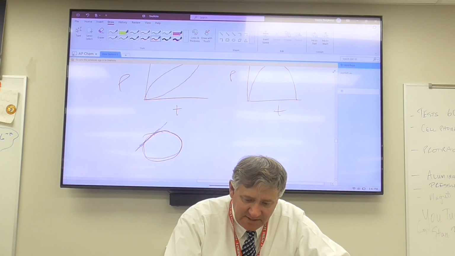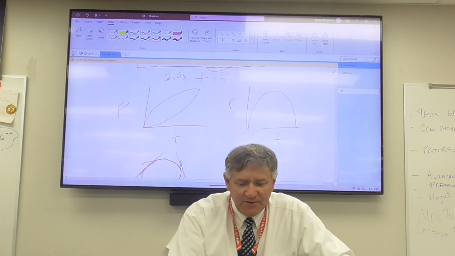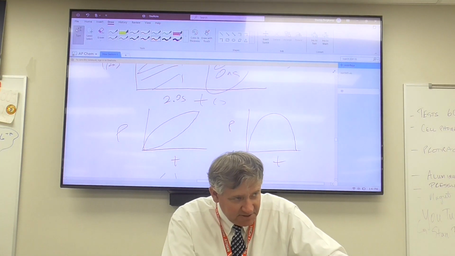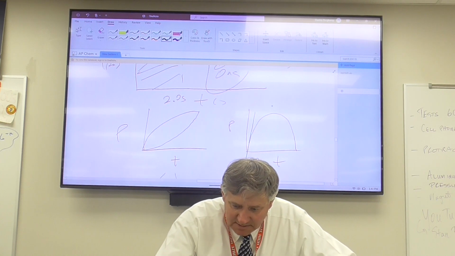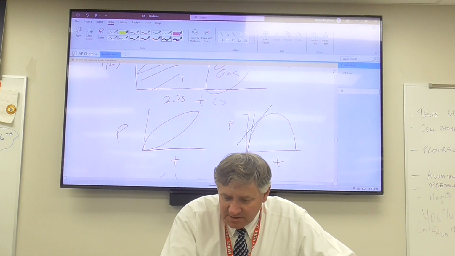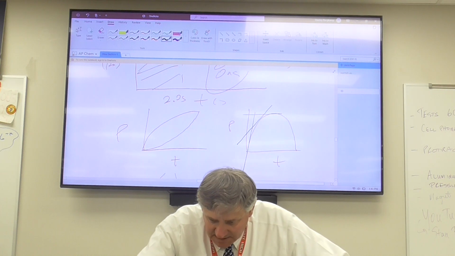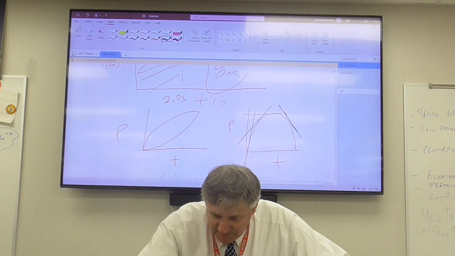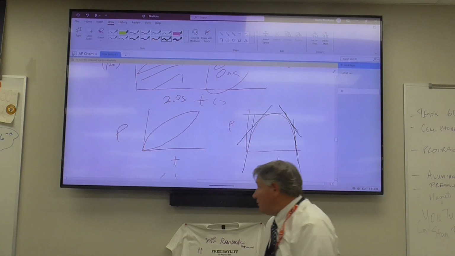One. Okay, so you could have a tangent line like this, tangent line like this. If you have a curved line on a position time graph, you can draw tangent lines. And those tangent lines give you what we call instantaneous velocity, which is the derivative of the function if you're a math nerd.